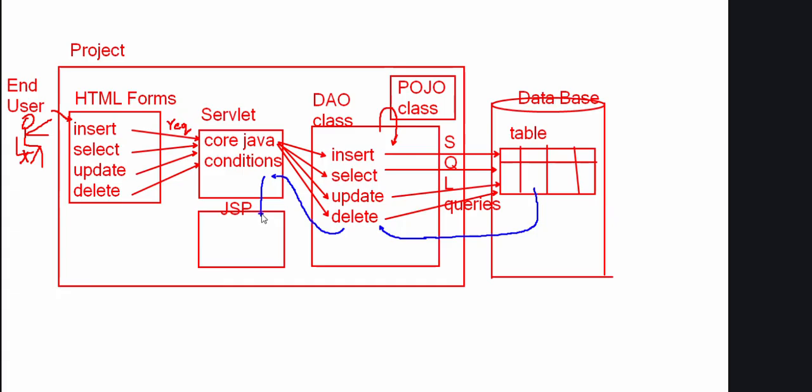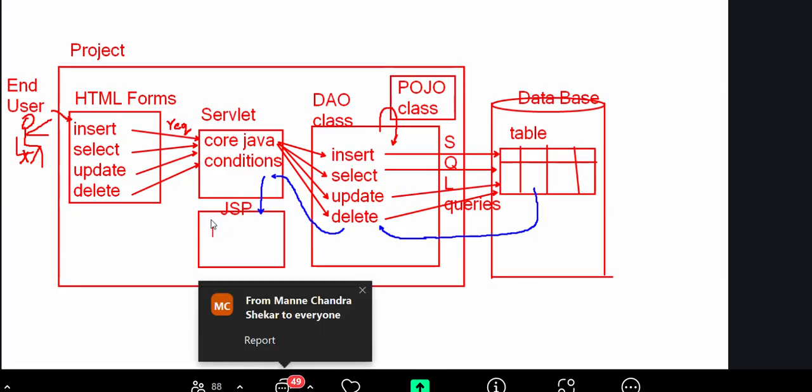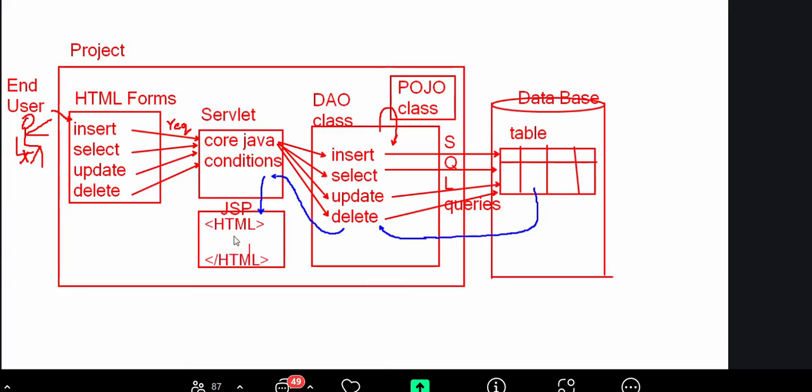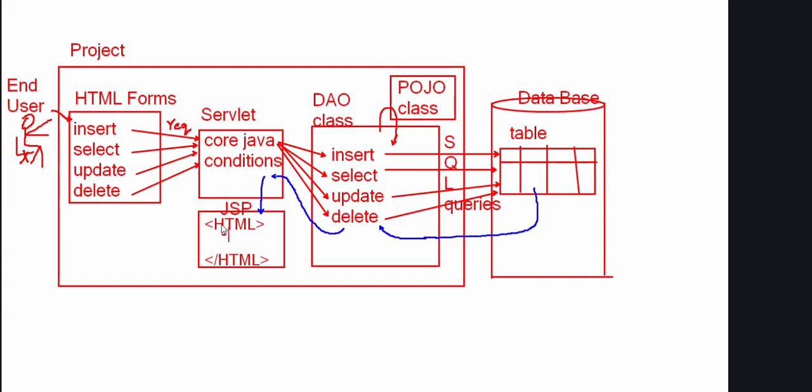Okay. In JSP, we already have HTML tags available. In between those HTML tags, the given result will be substituted. Sir, how is it possible to substitute?